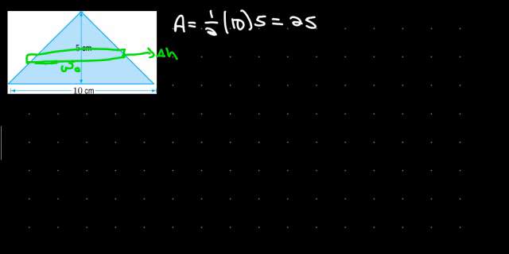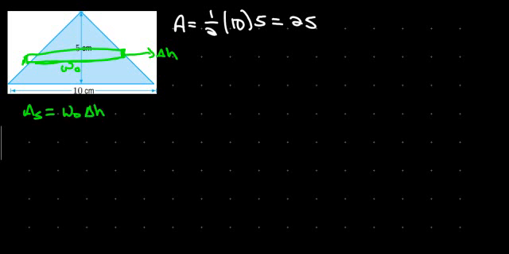The length here is W naught, and the width of it is delta H. So let's just say the area of one of those strips: area of strip equals W naught times delta H.